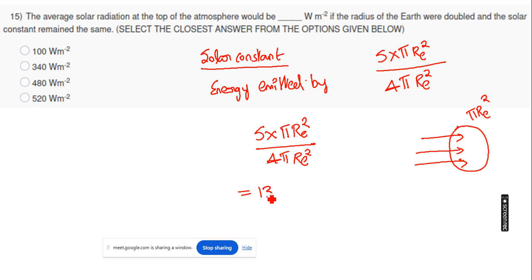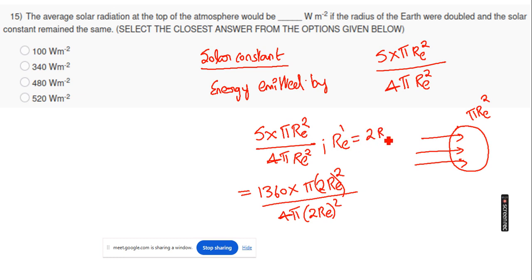So it will be 1360. In the question they are doubling the Earth's radius, so it will be pi into 2 Re square divided by 4 pi into 2 Re the whole square. The new Re dash will be 2 Re. So what will be the value?